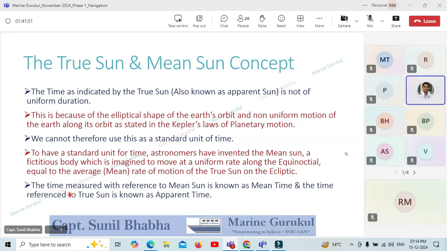Now the time which we measure with reference to the mean sun is known as the mean time. Like, for example, GMT, that is Greenwich Mean Time, which is based on the mean sun. The time which is referred to the true sun is known as the apparent time.